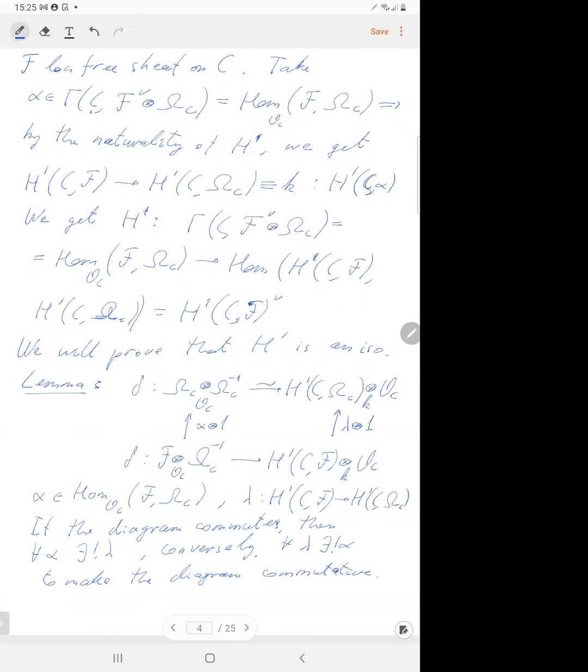Well, maybe this is a fancy reformulation of what we need to prove, right? Because, well, I don't even know what to say.